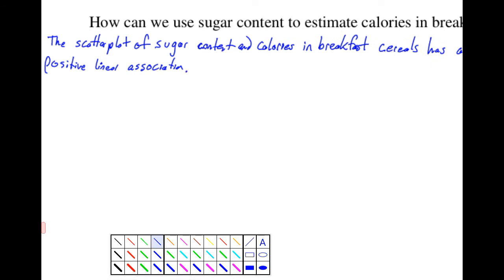So now let's talk about this. Both sugar content, which is in grams, and calories are quantitative variables.